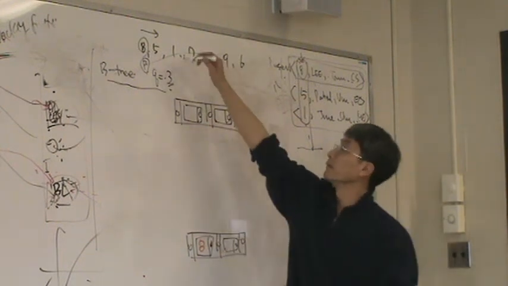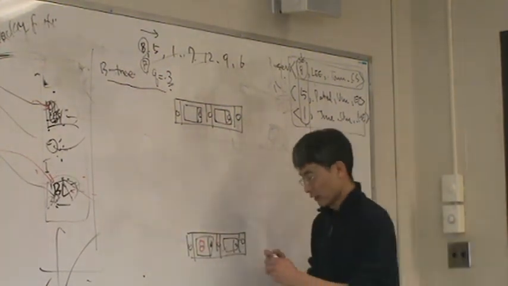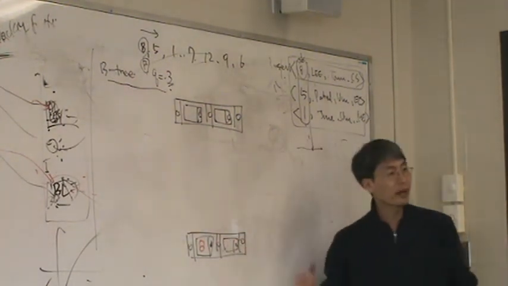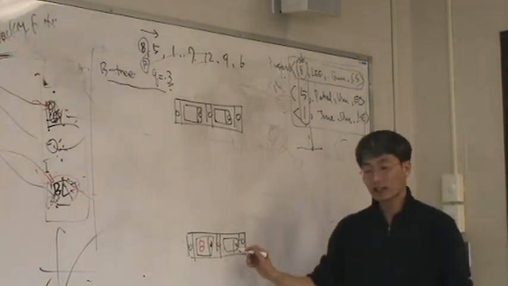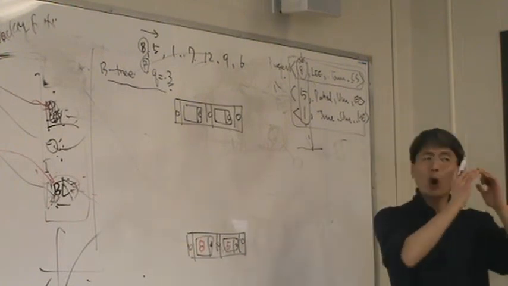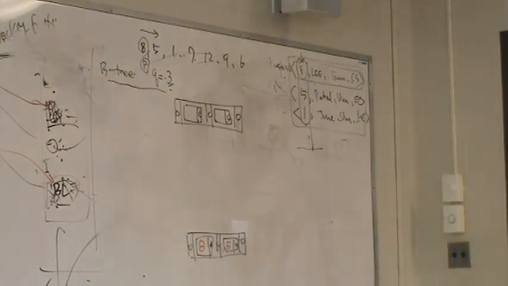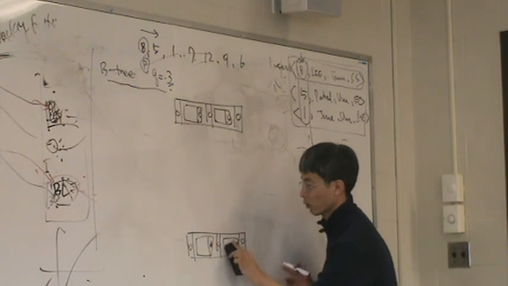What about the next one? 5. Do you have space in this node? Yes, we have an empty key entry for 5. In this case, even though it doesn't take much time to search the data in the same node, we had better sort the data, making the order automatically.